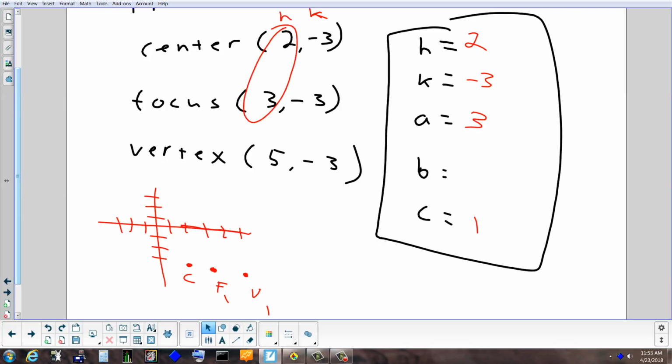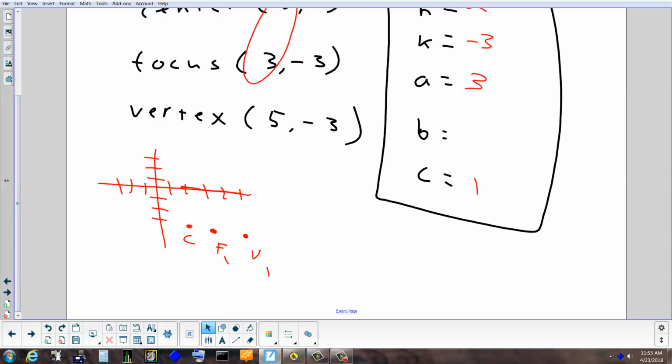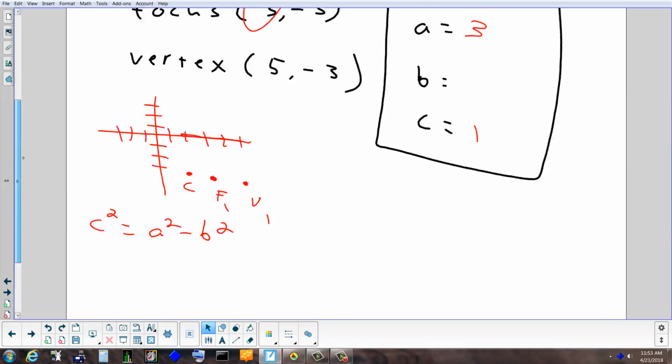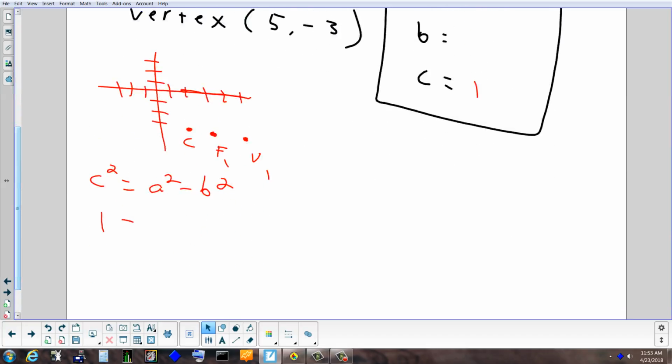Okay. In order to write the equation, last thing I need to find is what letter? B. David, what's the equation again to find B, and it starts out C squared? A squared minus B squared. Yep. So C is 1.